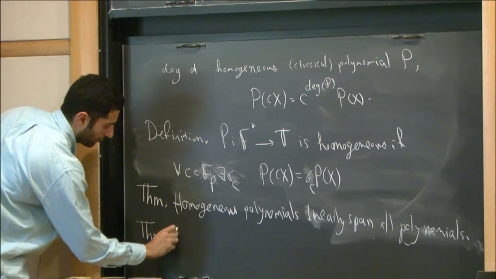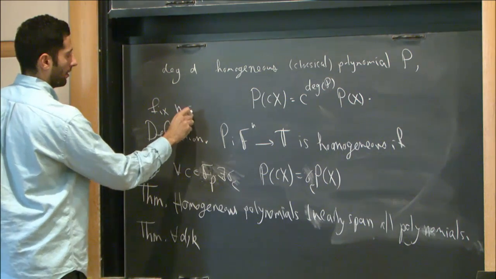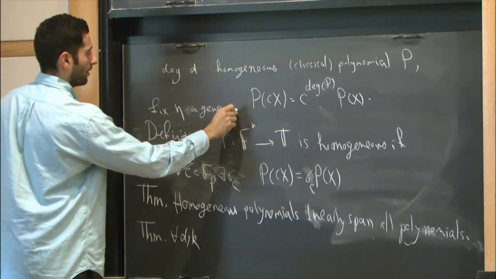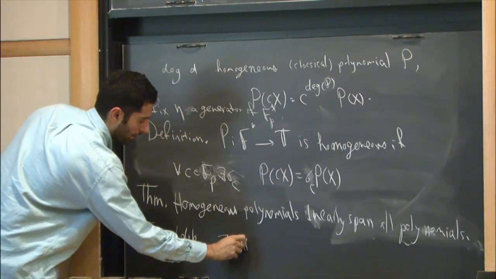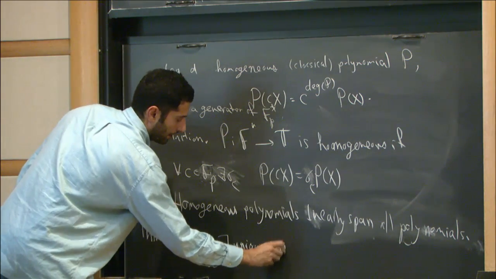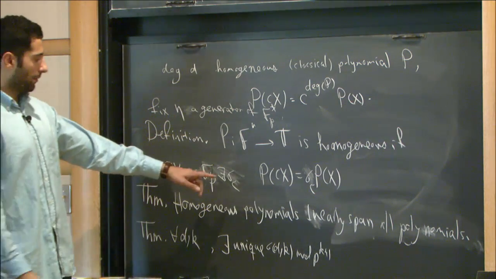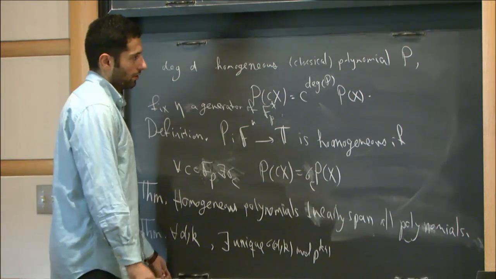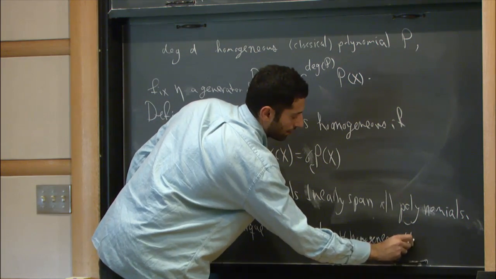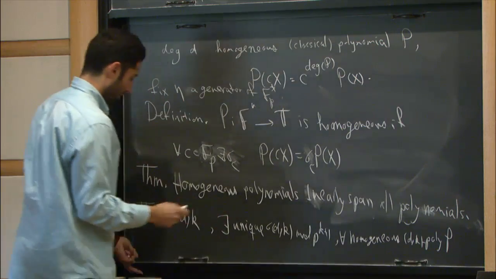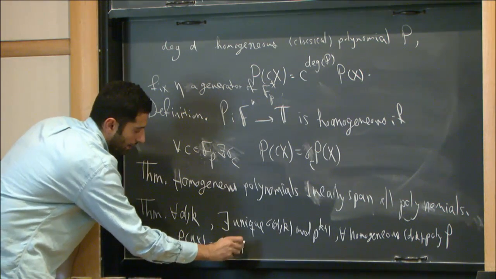Another theorem that we show is that for all d and k, if I fix eta a generator of F star, there exists a unique sigma_dk mod p to the k plus 1, such that every homogeneous degree d, depth k polynomial P satisfies P of eta x is equal to sigma_dk times P of x.